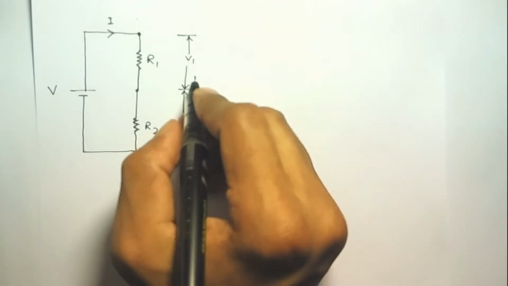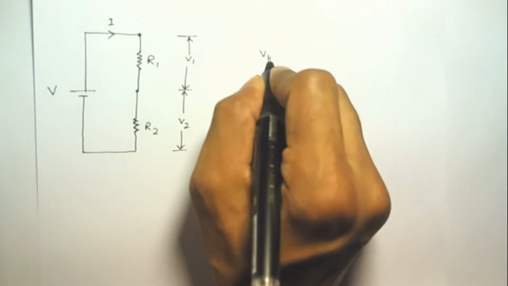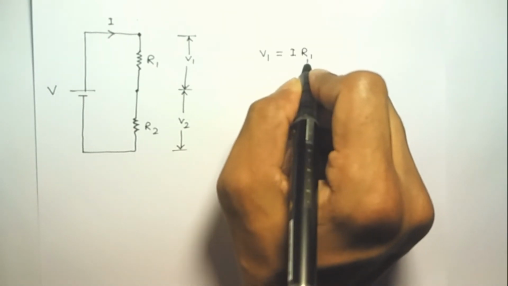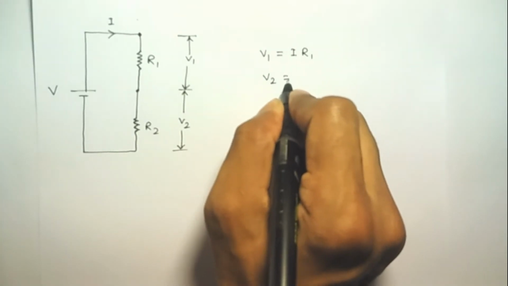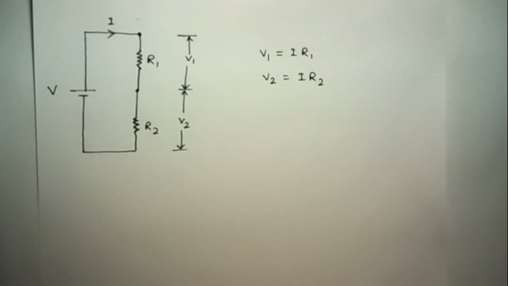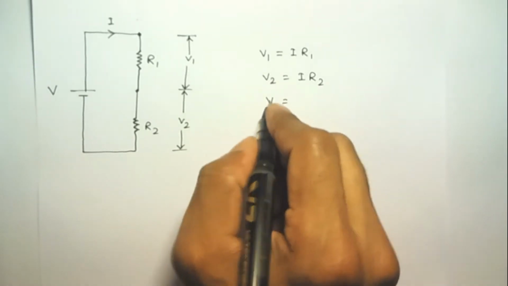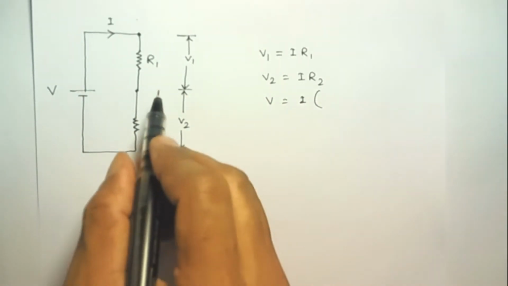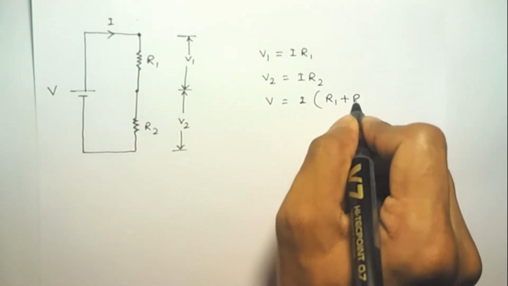So we can write the voltage across R1, V1, equals I into R1, and the voltage across R2, V2, equals I into R2. The total voltage V equals the current I into the total resistance, that is R1 plus R2.